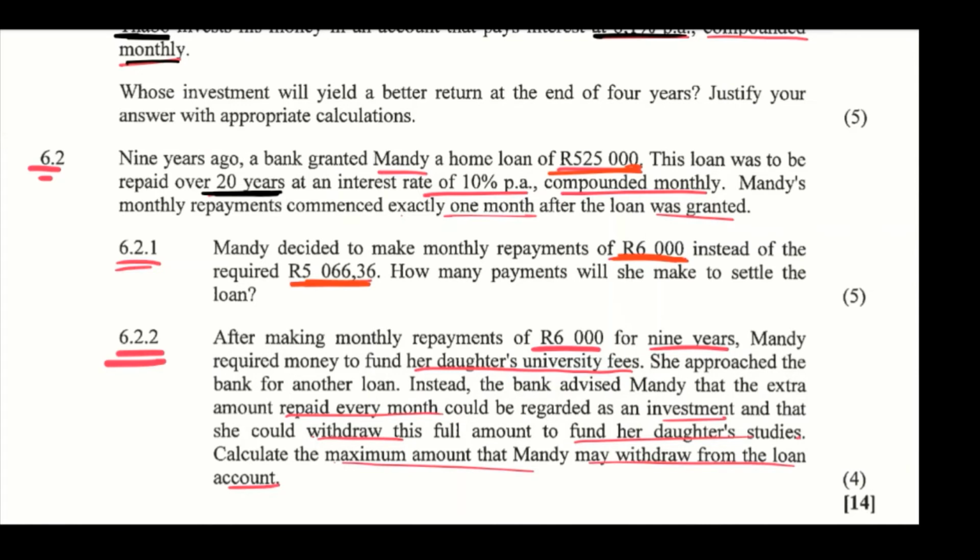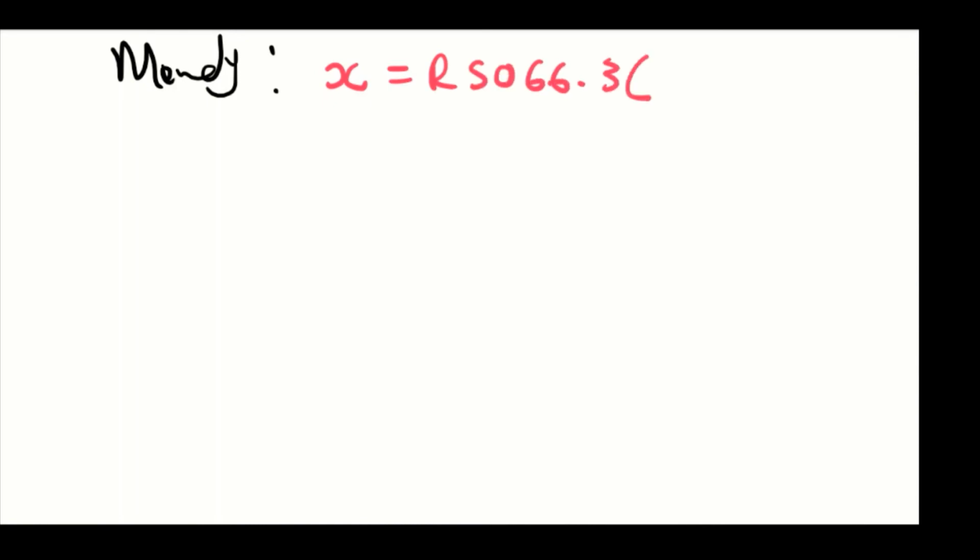So we are mostly interested in the difference between this 6,000 rand and this 5,000 rand, and then we're going to calculate how much money she will have left. So what this means is this: Mandy was required to pay monthly installments of 5,066.36, right?